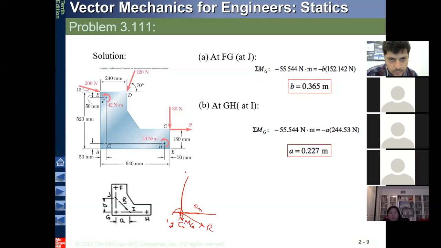So first we're going to do this on the FG line.